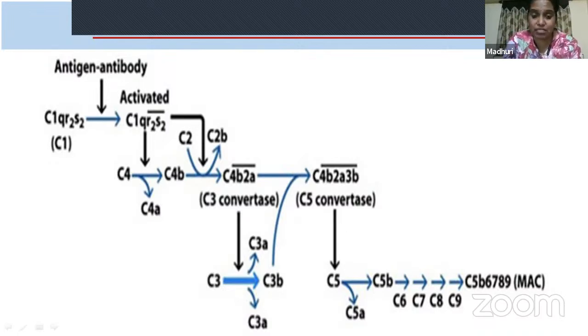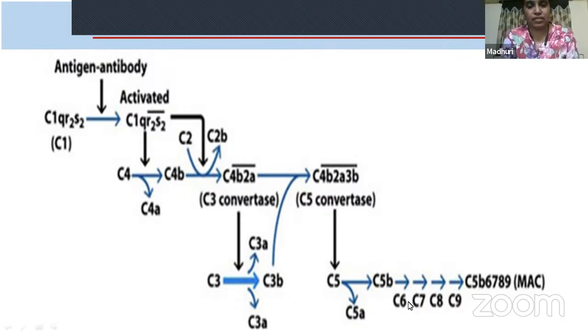Then we have the next aspect, that is the C5, which is coming into picture. Once the C5 is attacked by the C5 convertase complex, it again breaks open into C5B and C5A. C5B is heavier, it binds. But C5B is not stable, it is very unstable, so it requires stabilization.